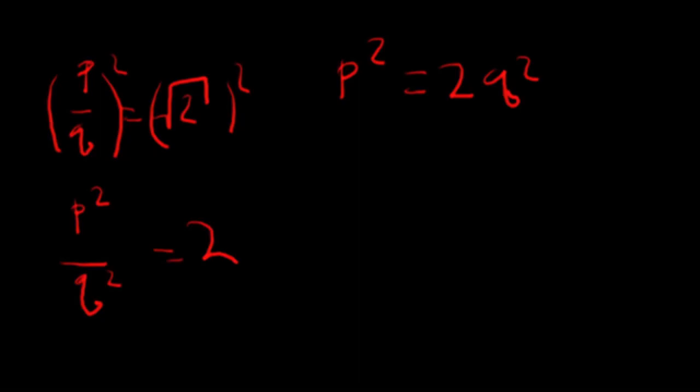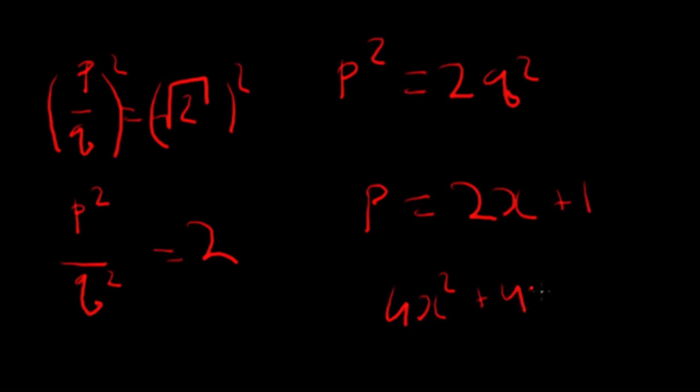Well, because if p were odd, then p is equal to 2x plus 1, where x is some integer, which is the definition of an odd number. Squaring this number gives us 4x squared plus 4x plus 1.